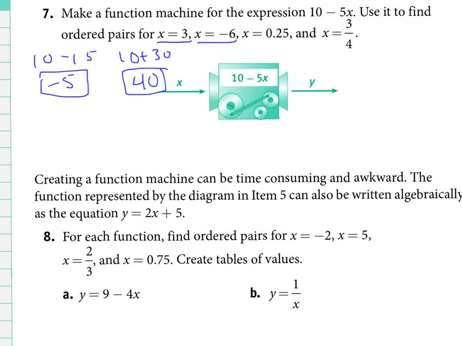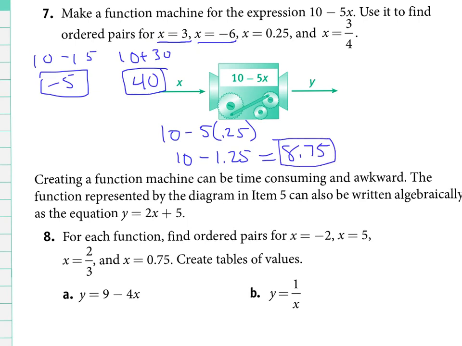If you put 0.25 in for x, this is what it looks like. I'll do it down here. 10 minus 5 times 0.25. If you do 5 times 0.25, you'll get 10 minus 1.25, and that equals, it should be 8.75. Okay, and that's the third one.